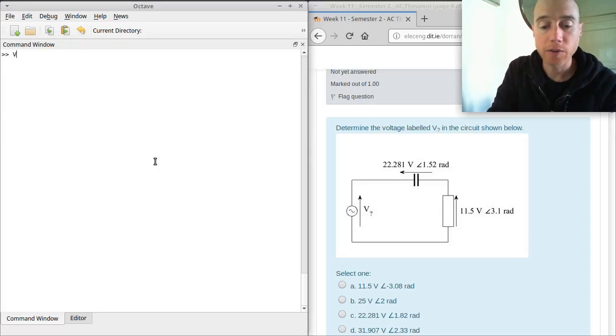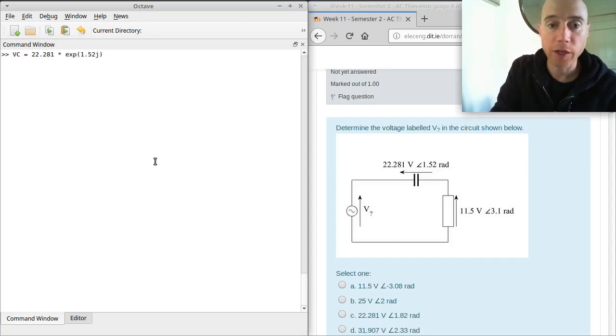So Vc is equal to 22.281 with a phase angle of 1.52 radians. Vr is equal to 11.5 with a phase angle of 3.1 radians.